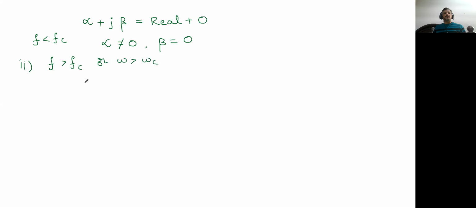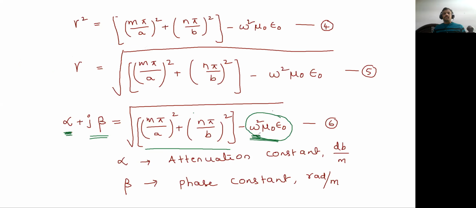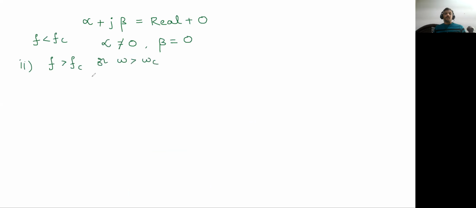Because omega is in the root in the second expression, now this omega will be very much higher, since you have taken a frequency which is very high. So omega square mu naught epsilon naught is very much greater compared with (m pi by a) whole square plus (n pi by b) whole square.